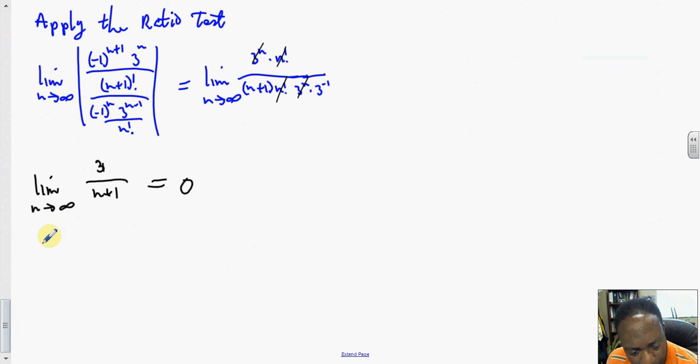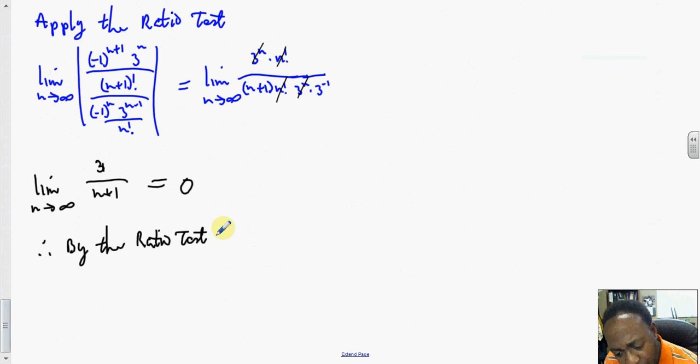That works. So by the ratio test, the series converges.